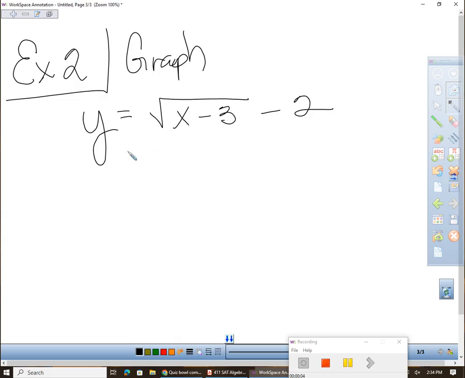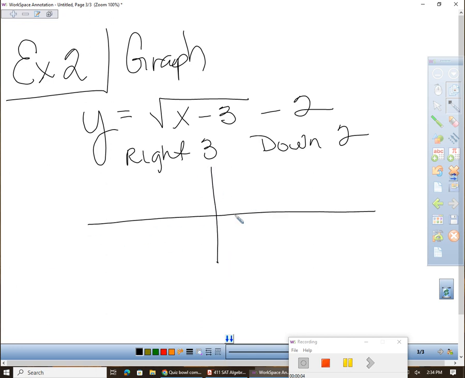This says we're going to the right 3 and down 2. So go to our graph. We're going to go to the right 3, down 2, put a dot, and that's where we draw our curve.